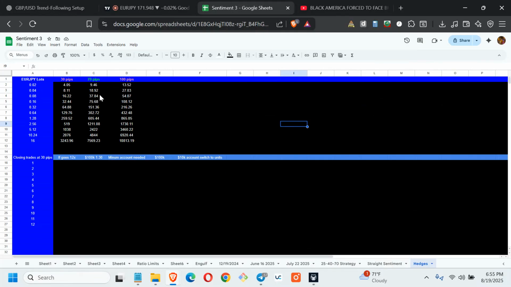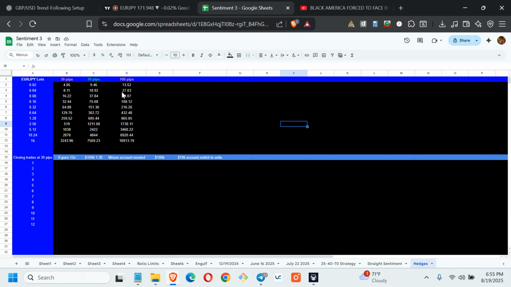Let's say the 8 hits the target. That means the other losses were 8 plus what, $12. So you got 20-something dollars there. It'd be roughly 25, 24, right? That you've made over your loss.